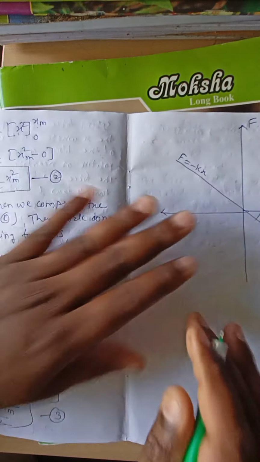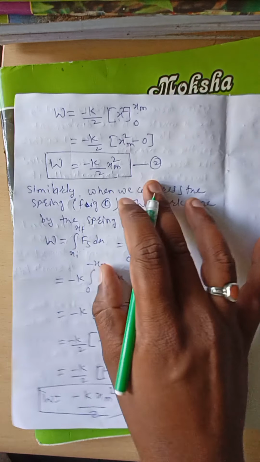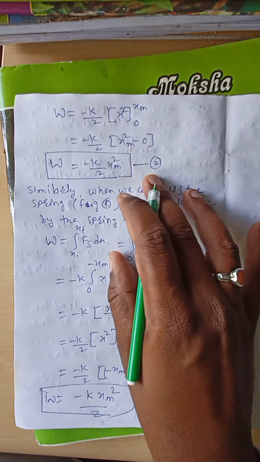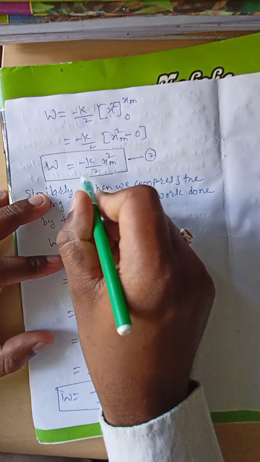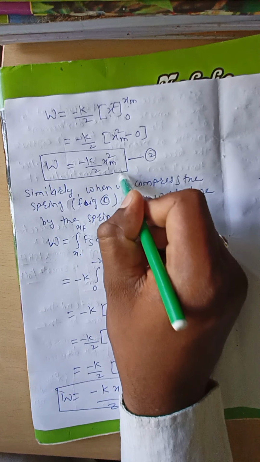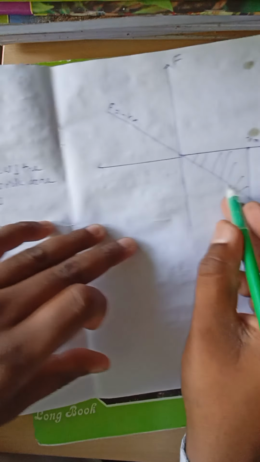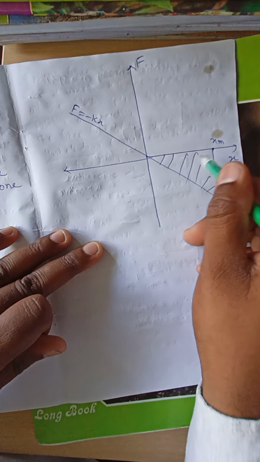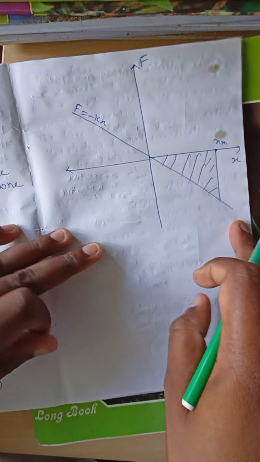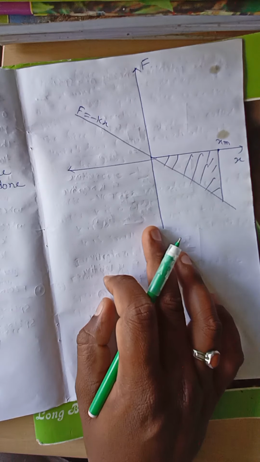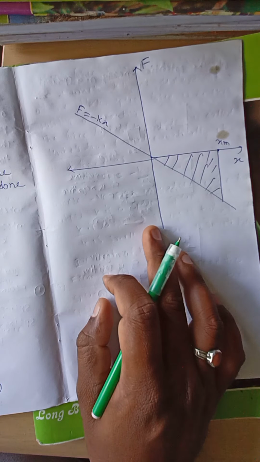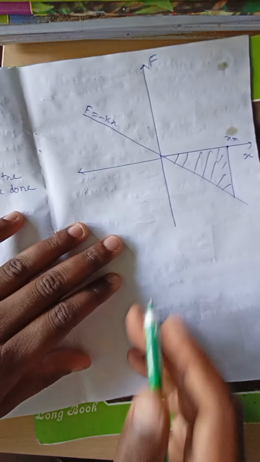Now the work done by a spring force when the spring is extended is similar to the area covered by that line, that is, by the spring force. The work done by the spring force is similar to the area covered by that triangle.